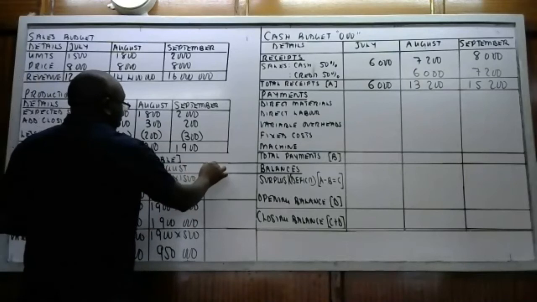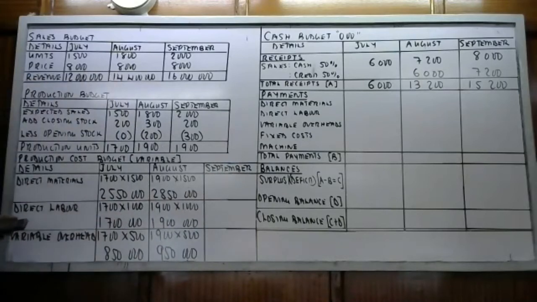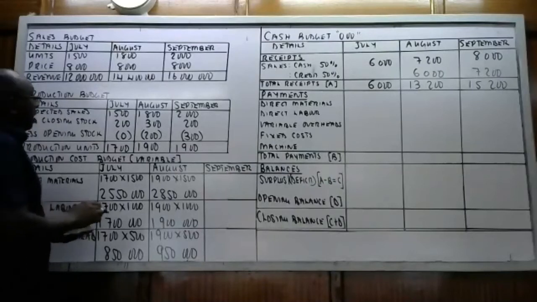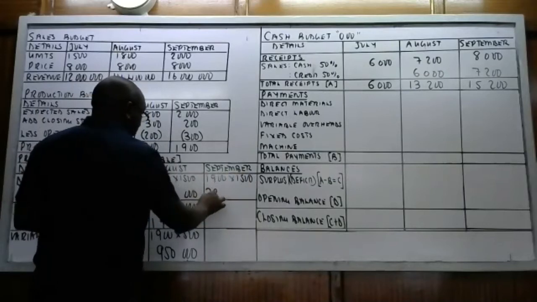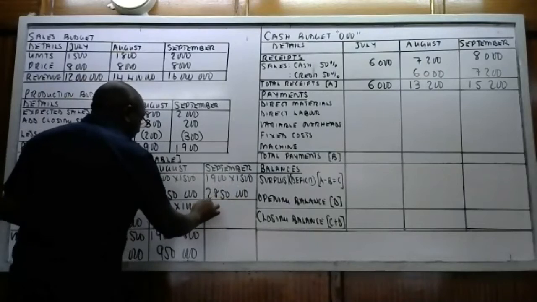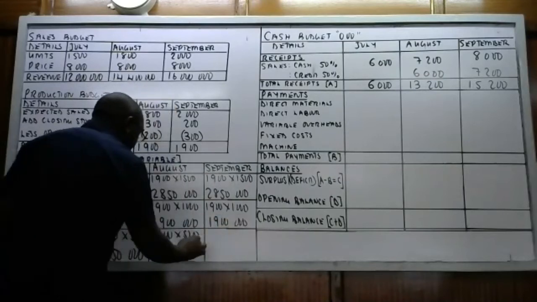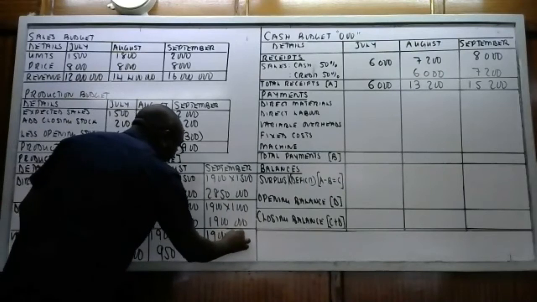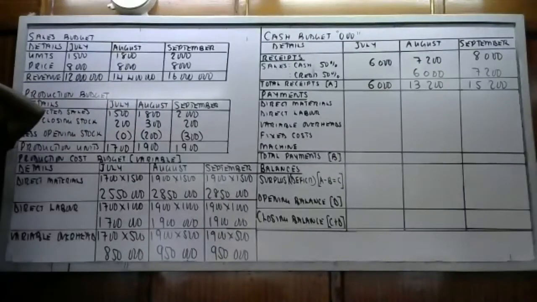Then I come to September. It is also 1,900, each costing 1,500, so it is 2,850,000. 1,900 at 1,000 is 1.9 million. 1,900 at 500 is 950,000. Abigail, are we together? Yes.